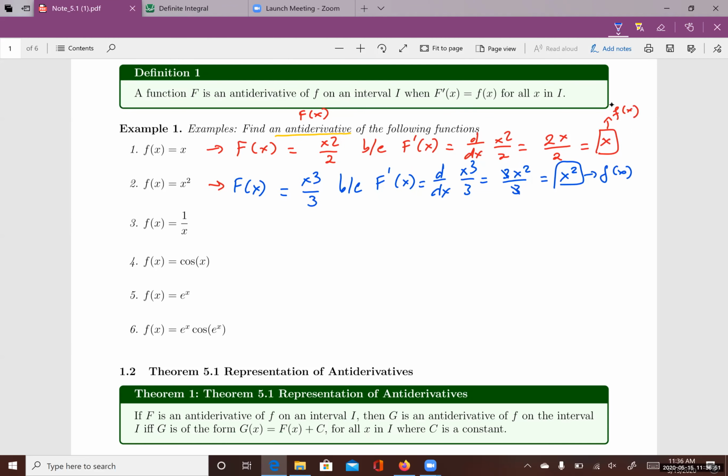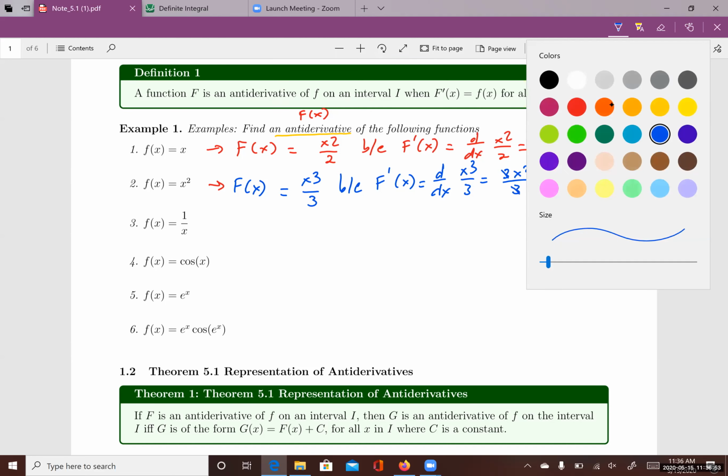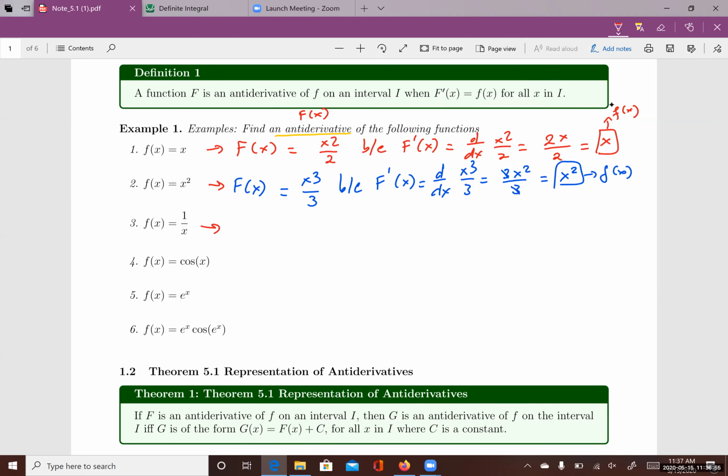How about when you have the function 1 over x? An antiderivative of 1 over x equals ln x, because if you take the derivative of ln x, you get 1 over x.